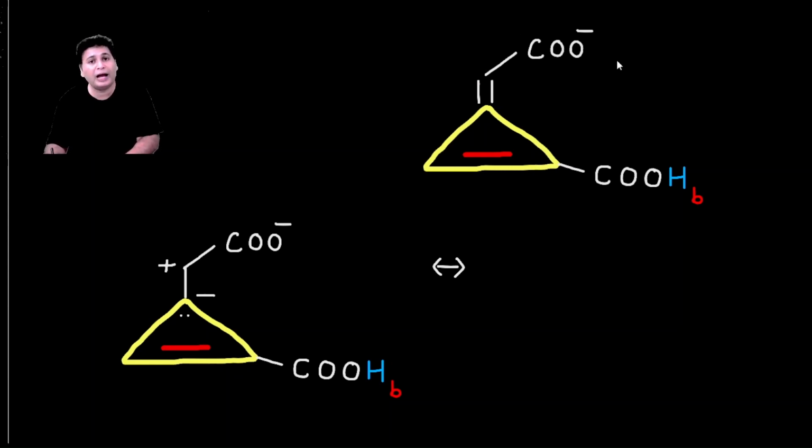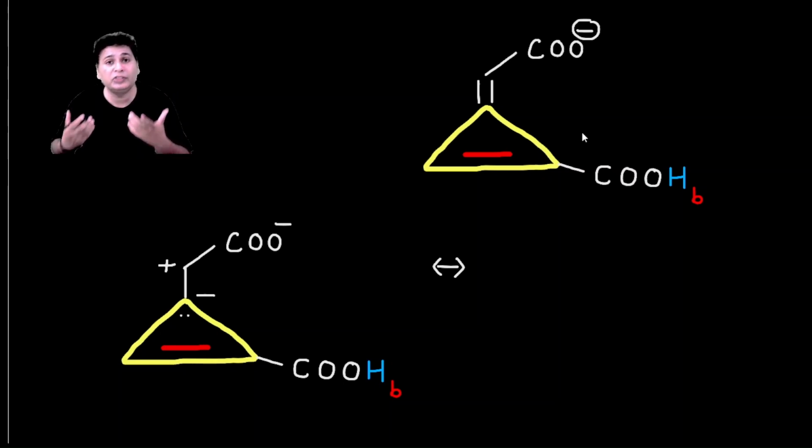As I took that hydrogen away, a minus charge came on the oxygen and you are looking at a carboxylate group right there. Now, as you all know, this negative charge that has come to this oxygen, you have to take care of.